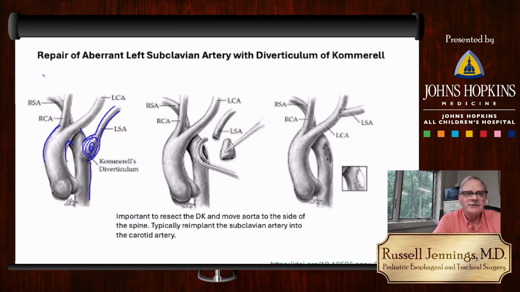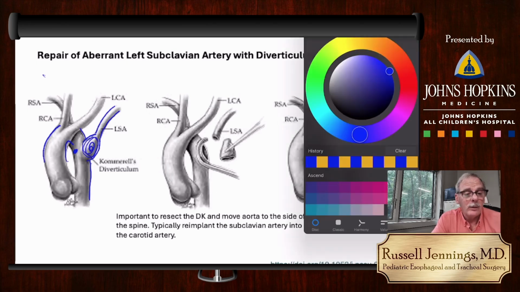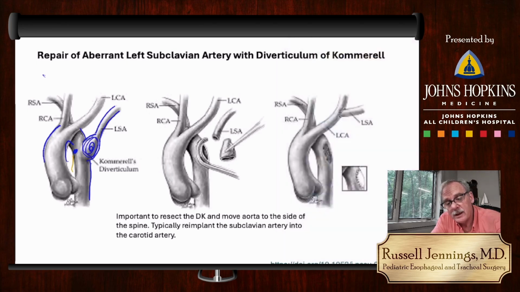Now, it's not such an easy problem because we talked earlier about right here, somewhere in here is going to be a ductus. And where there's a ductus, there's going to be a vagus nerve coming down. And right here is where the recurrent laryngeal nerve is going to wrap around.